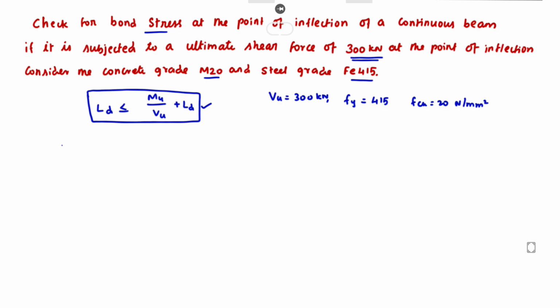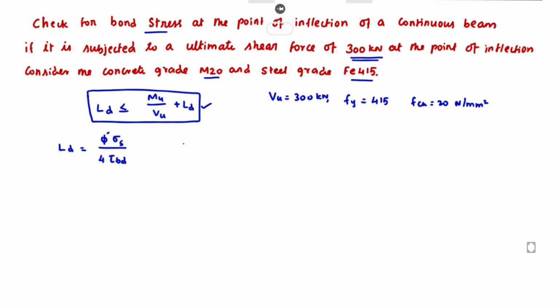Now the development length Ld equal to phi into sigma s divided by 4 into tau bd. Here phi is the diameter of the bar, sigma s is the stress in the steel bars, and tau bd is the design bond stress.